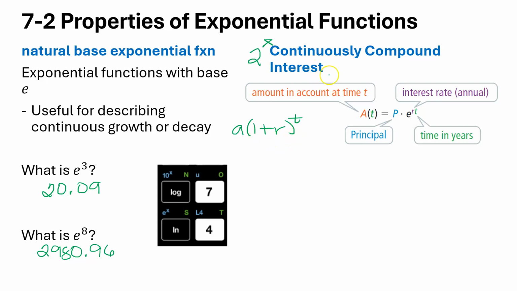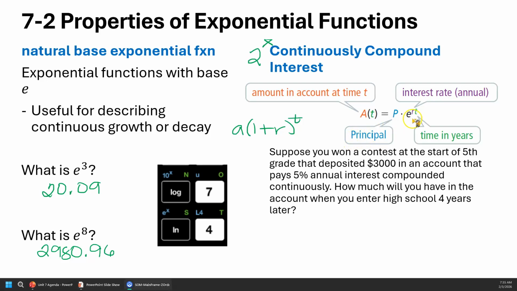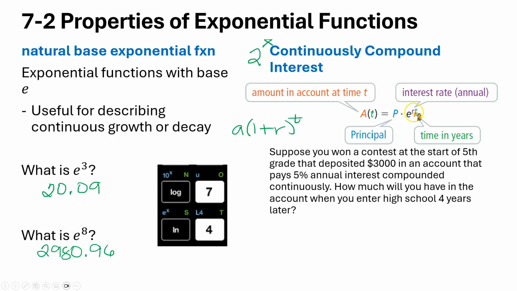Now, if you see in the word problem, similar to this, that it mentions the word continuously, then this is going to be the formula that you will be using. So P is still the principal, or what we call the initial value. That's our e. And then our r and t are now both exponents. So r times the number of years will be in the exponent.